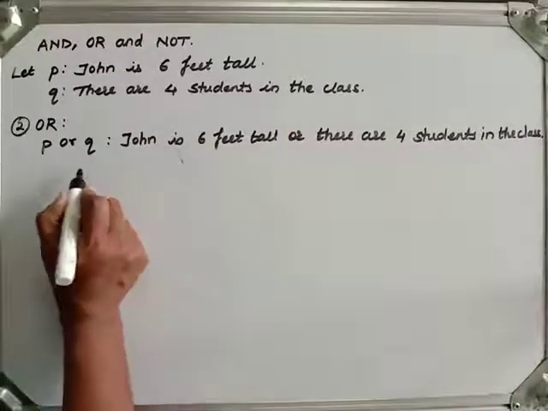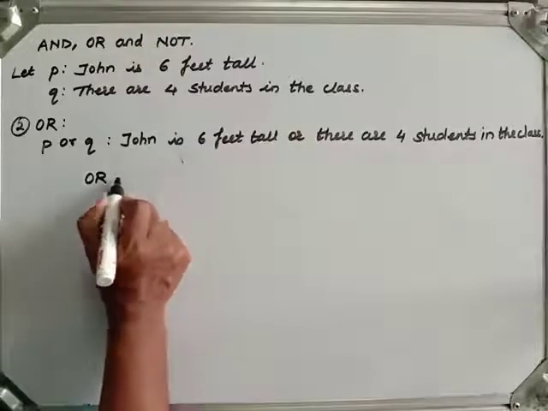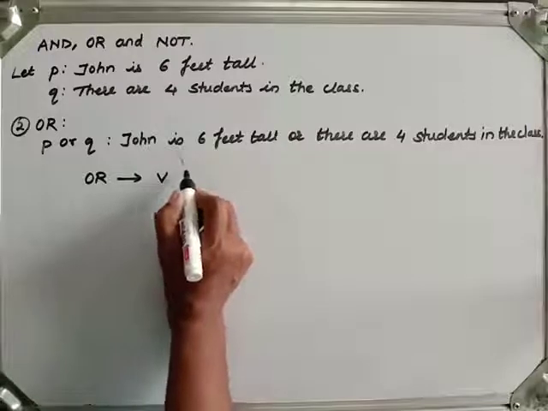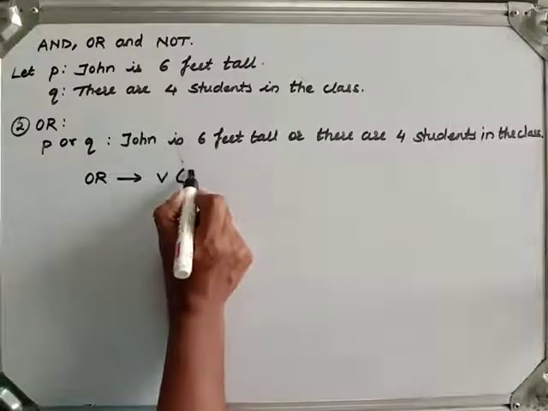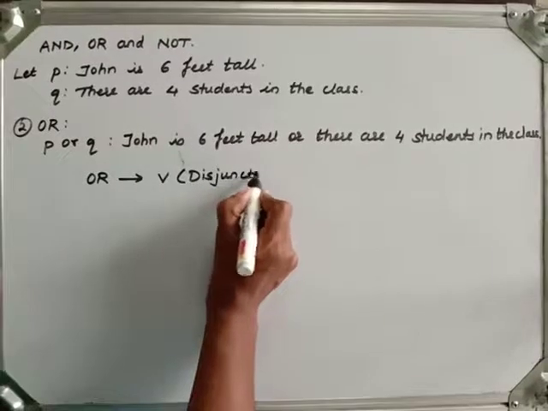Now this OR is denoted by the symbol V, and it is known as disjunction.